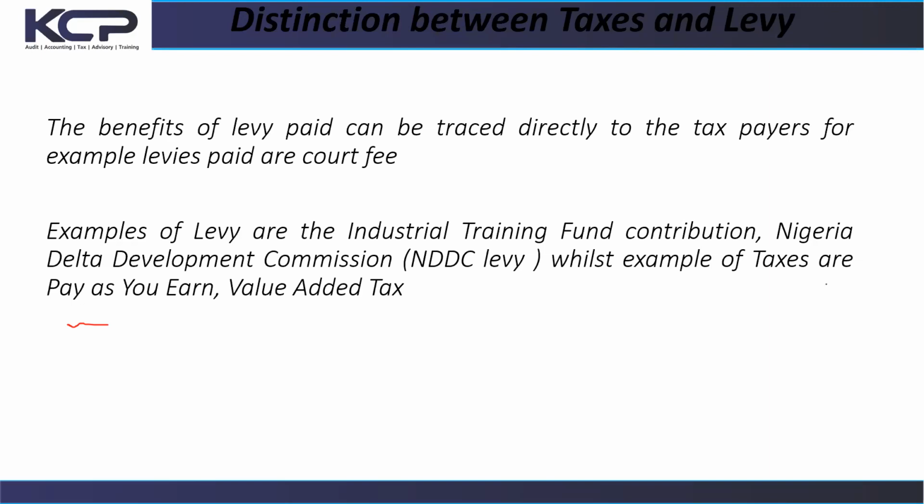Irrespective of how much you have paid, you are not expected to get the same or proportional benefits from it. Say, for example, again, MTN has just been recently recognized as one of the highest taxpayers in the year under consideration.